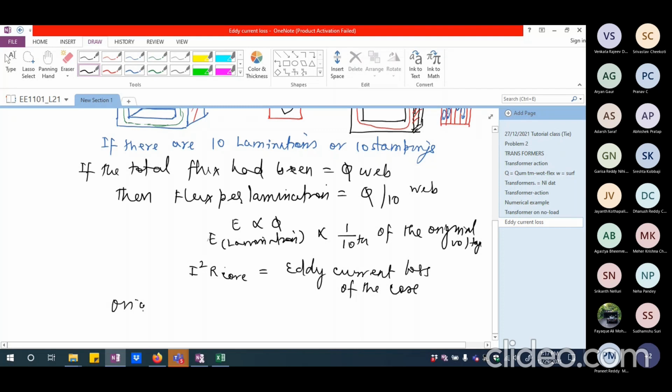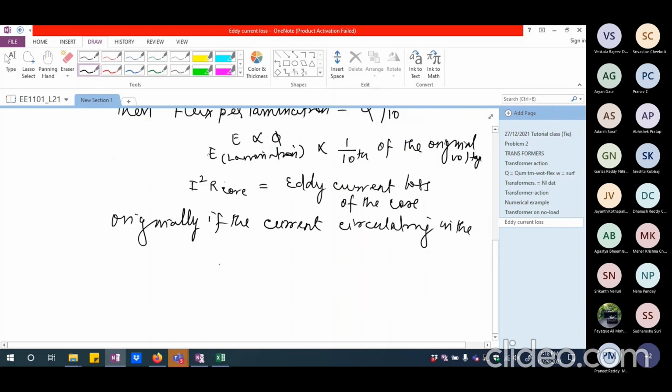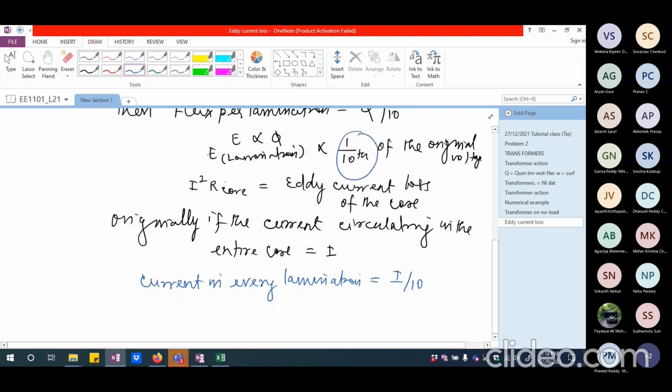So originally, if the current circulating in the entire core had been I, now the current in every lamination has to be I by 10, because the voltage has decreased by a factor of 1/10.